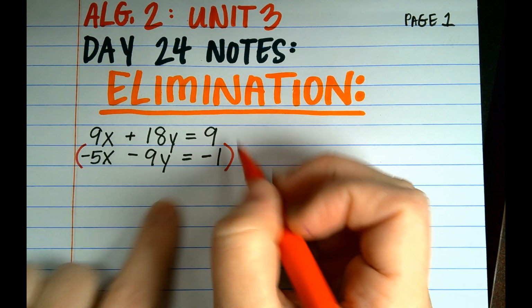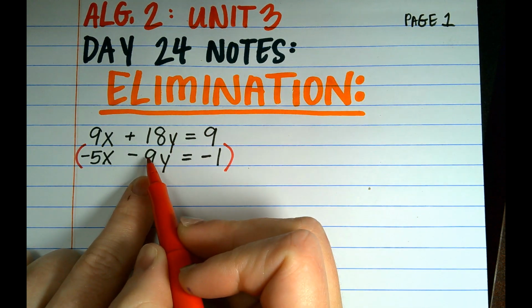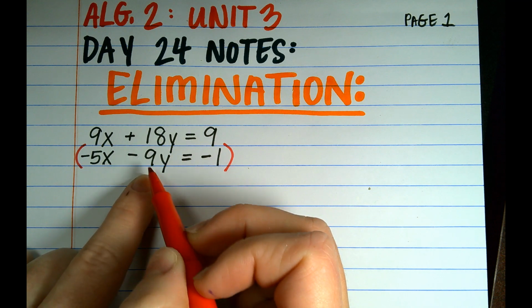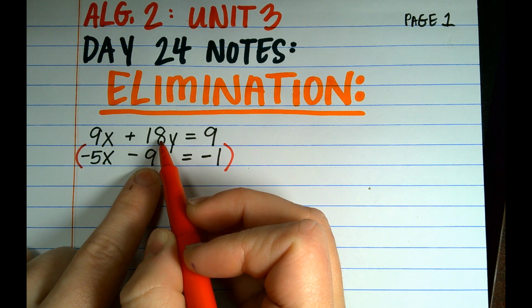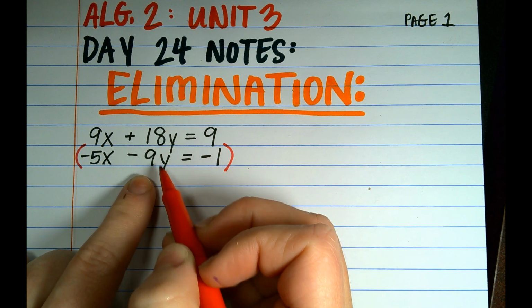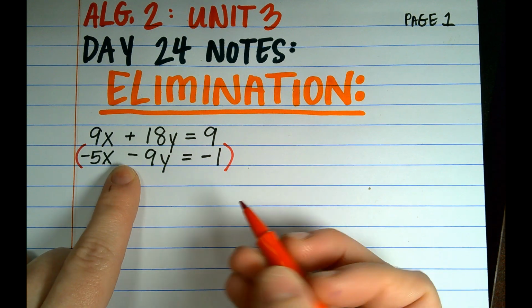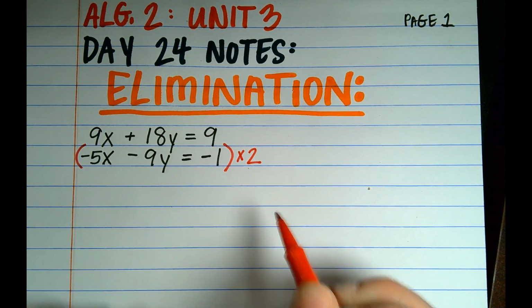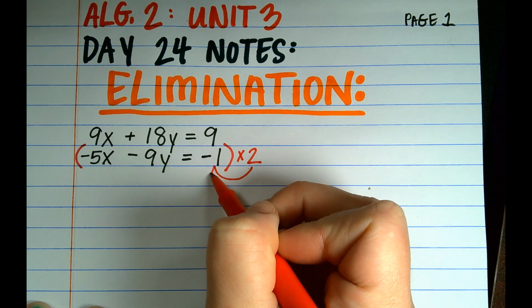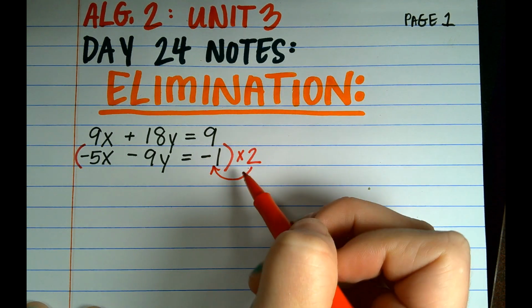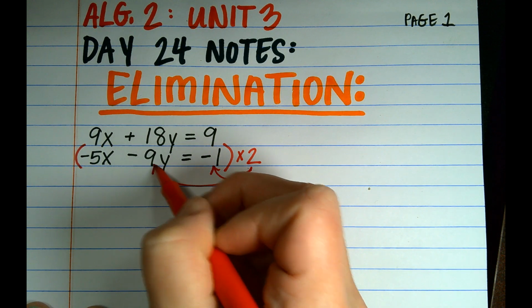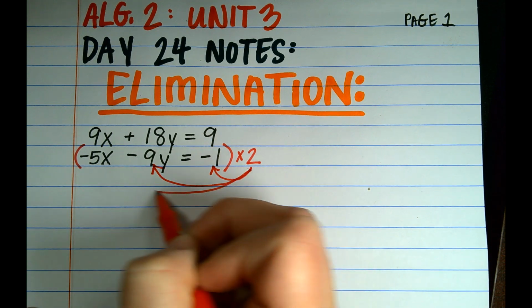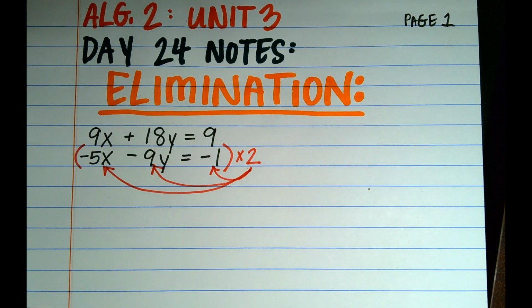So what I'm going to do is try to match up this 9 to this 18 so that my y's have the same number but different signs. So I'm going to multiply everything by 2. It's just like distribution. I'll be multiplying negative 1 times 2, negative 9 times 2, and negative 5 times 2.